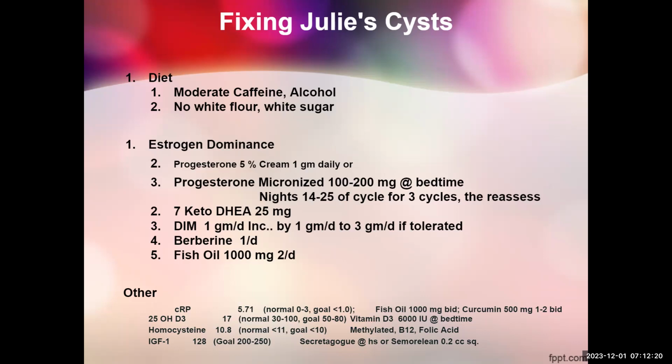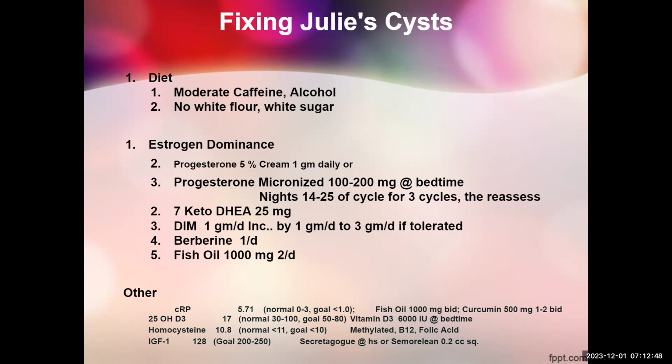For 25-hydroxy vitamin D, you remember how we get our patients up to the midpoint. Remember the goals, 50 to 80 is our range. The midpoint is 65. Normal is 30 to 100. For every 1,000 units, you're going to increase your 25-hydroxy vitamin D level by about 8 points.